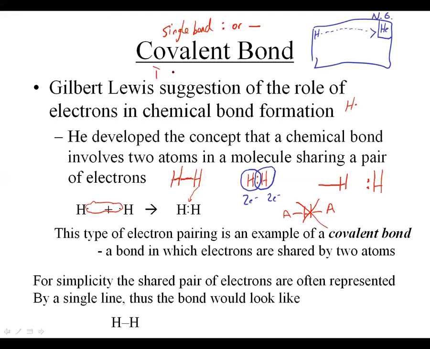You could represent a double bond with 2 pairs of electrons or 4 electrons, or you can use 2 lines to represent a double bond between 2 elements. And as we'll also see, a triple bond can be represented the same way. You could use dots, which in this case would be 6 electrons or 3 pairs, or you could use the 3 lines that represent a triple bond.